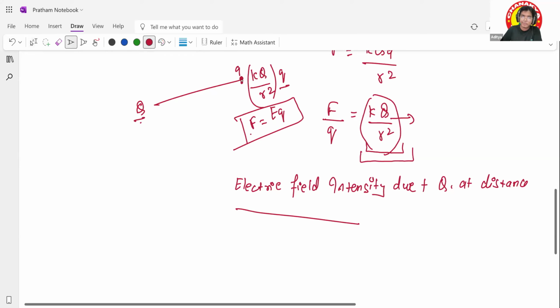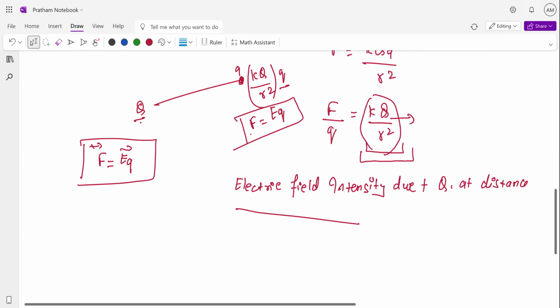So if you have to calculate force on any particle, what do you have to do? You have to get the intensity at that particular point, E, and then you have to put the charge. That's it. In this way, you got the force formula. Is it clear?